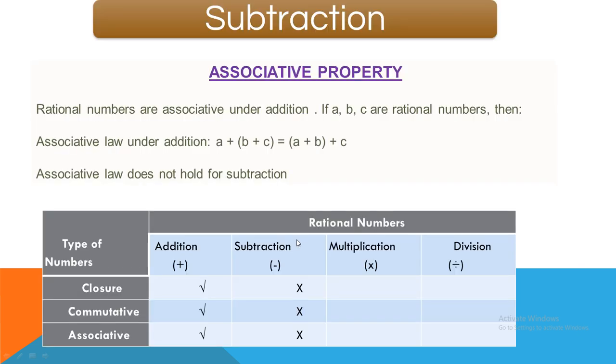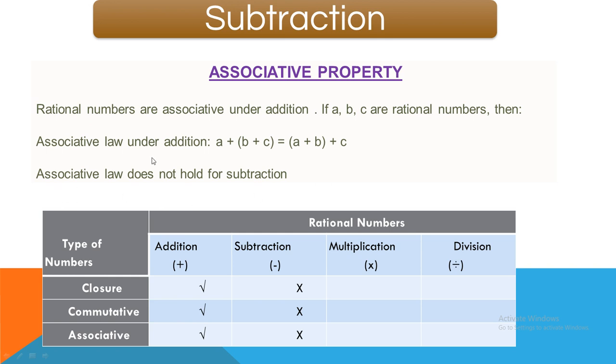Next is the associative property. Now, rational numbers are associative under addition. We have read it earlier. If A, B, C are three rational numbers, then the associative law for addition is (A plus B) plus C equals A plus (B plus C).